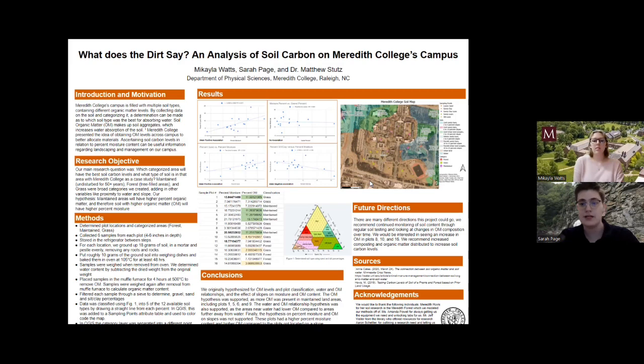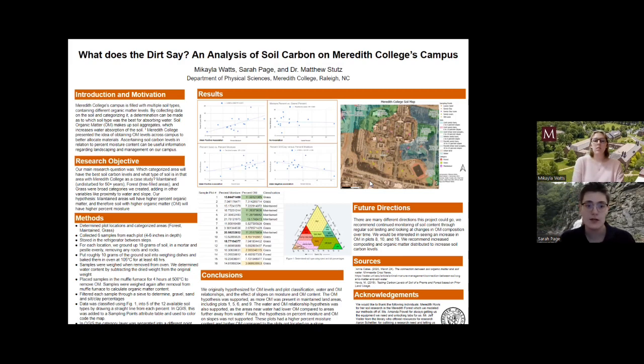Then we filtered each of these samples, now completely devoid of organic matter, through a series of sieves of different sizes, and that let us categorize the results into gravel percentages, sand percentages, and silt/clay percentages for each location that we had sampled from.